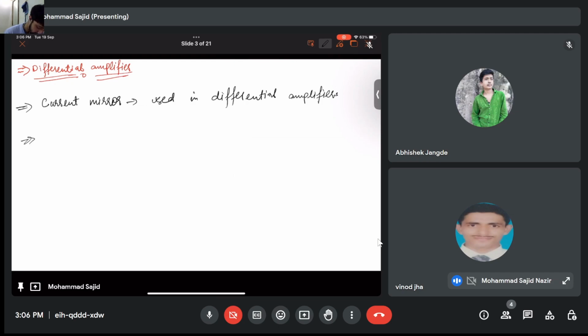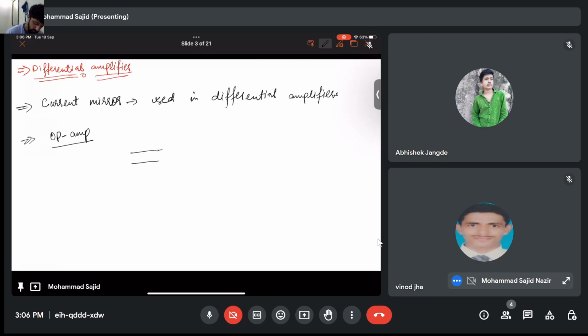So first, differential amplifiers are usually used in op amps. You must have heard what an op amp is. It's an operational amplifier. The output is the amplified difference of the input voltages.